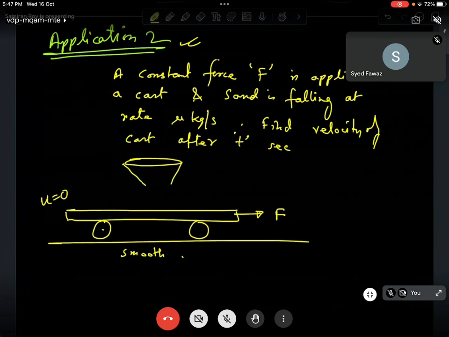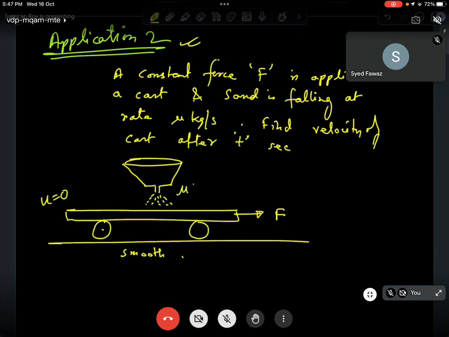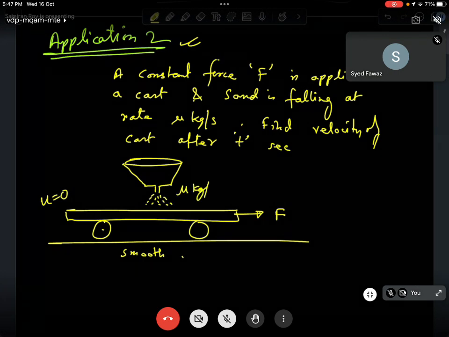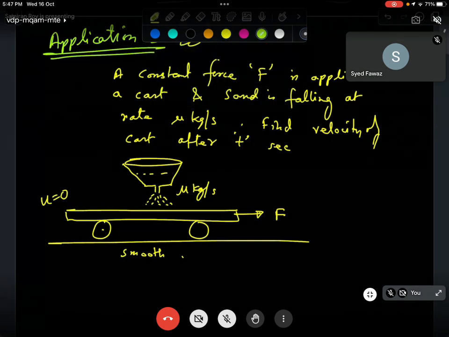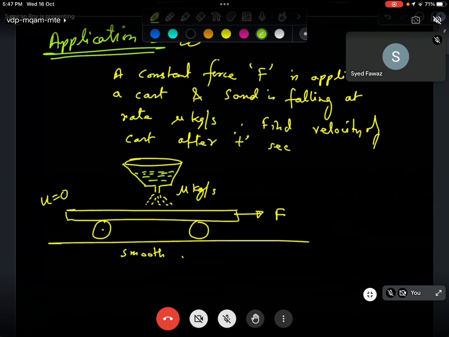Sand is also falling at mu kg per second. This is the rate of falling of sand. Clear? Sand is also falling at this rate. What you have to find? You have to find velocity of cart after t second.